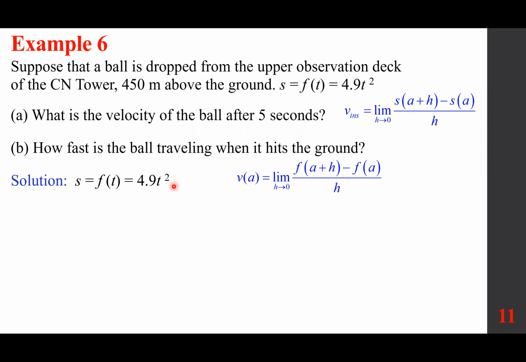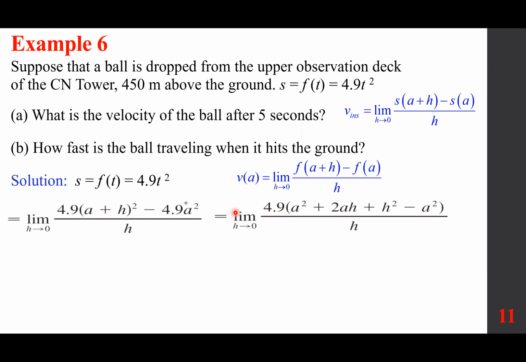So we are going to replace the t with a plus h. We are keeping it with a on purpose. Now, of course, this one is a squared plus 2ah plus h squared. All of them have 4.9 in front. So if we take it out, we have a squared plus 2ah plus h squared minus a squared, and clearly we can now factor out the h in the numerator.